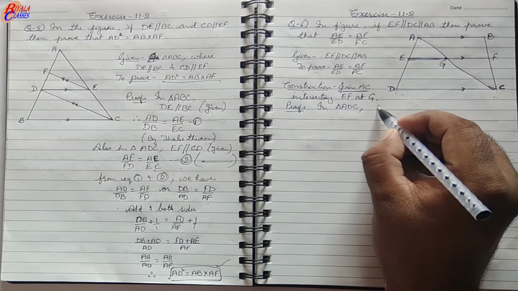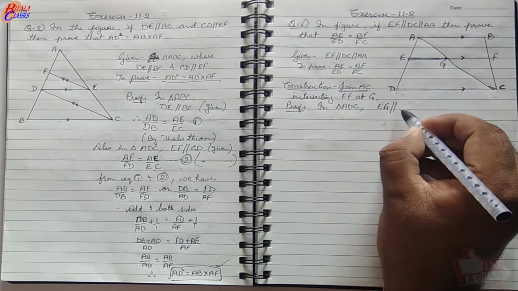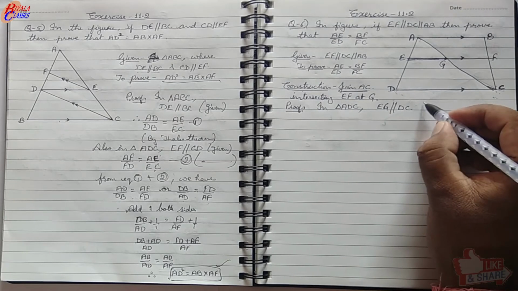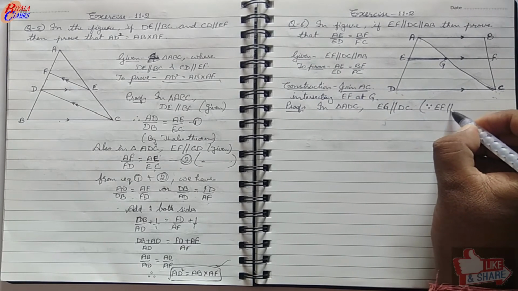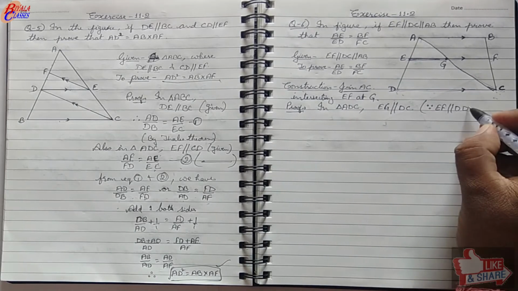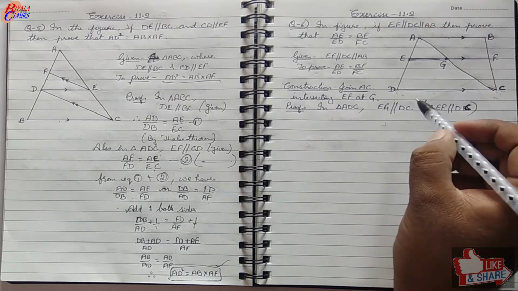So here in triangle ADC, EG is parallel to DC. Why is it parallel? Because EF is parallel to DC. This is given to us.